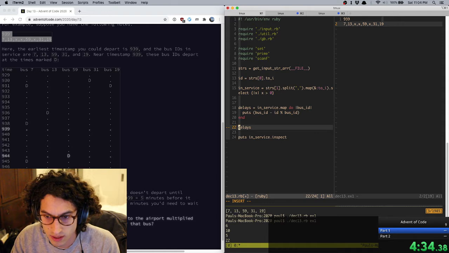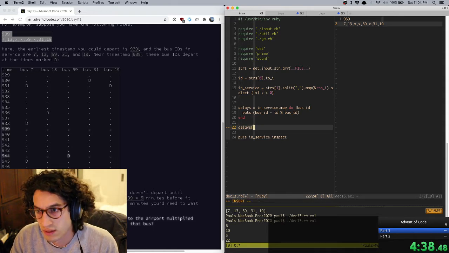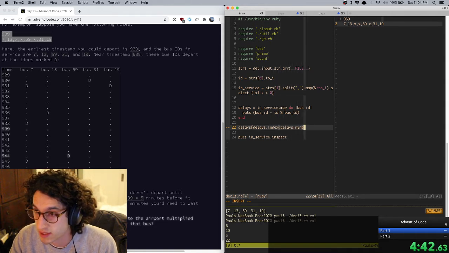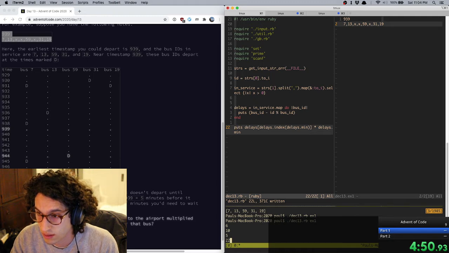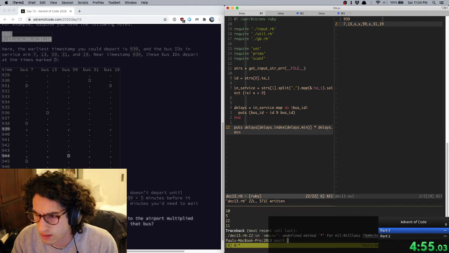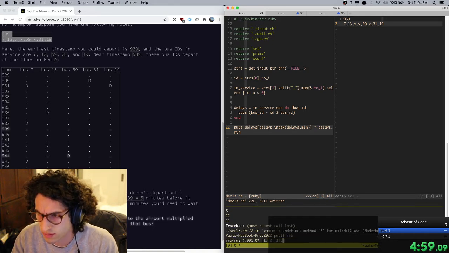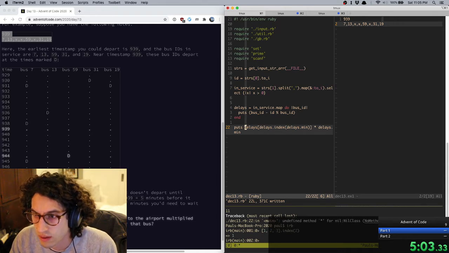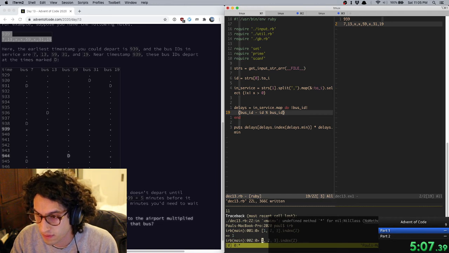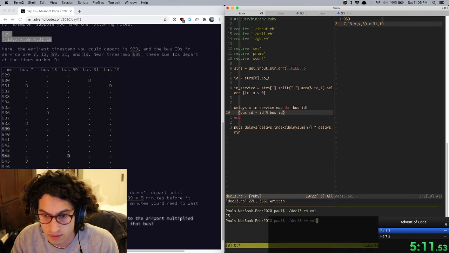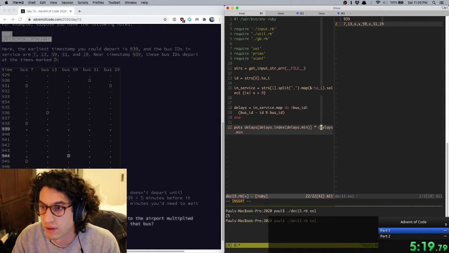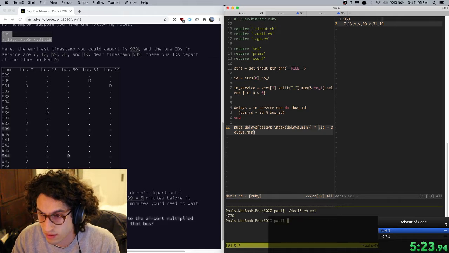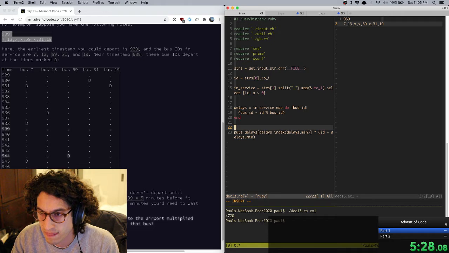Delays dot index delays dot min, times delays dot min. Bus ID equals delays.